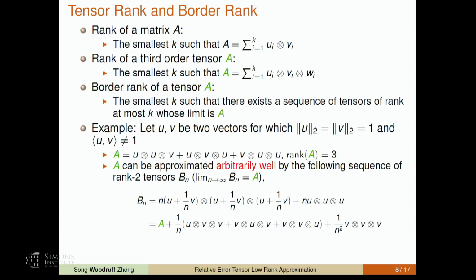And I can re-express this just by manipulating the expression as A plus 1 over n times some bounded norm tensor plus 1 over n squared times some bounded norm tensor. This is just taking this rank 2 tensor and writing it in a different way.